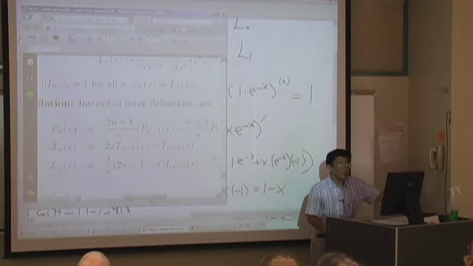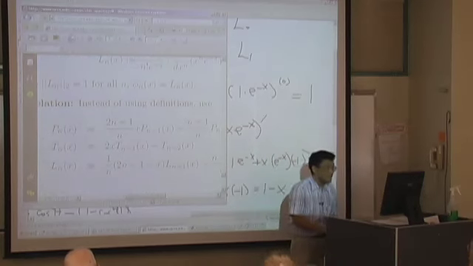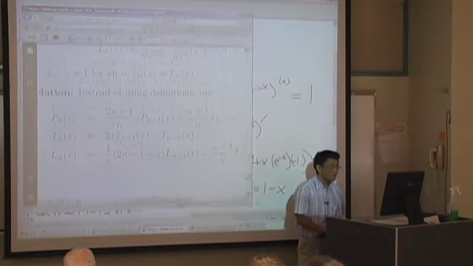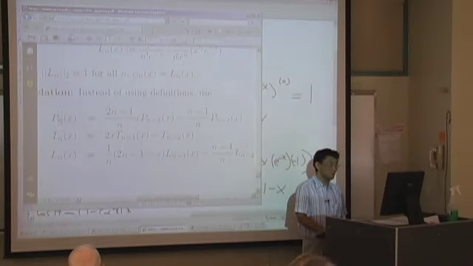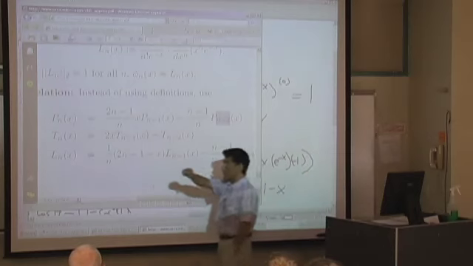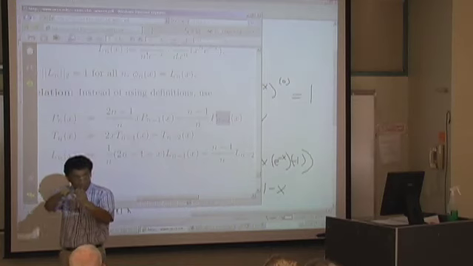So for instance, to find P2, you can use P1 and P0. To find P3, use P2 and P1. So once you create P0 and P1, you can use them to determine P2, P3, P4, and so on.